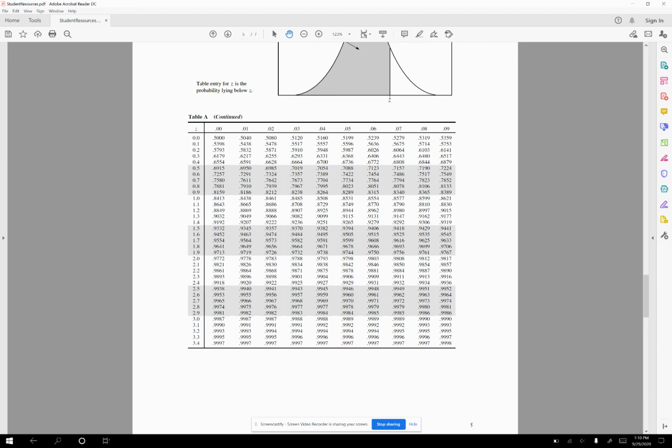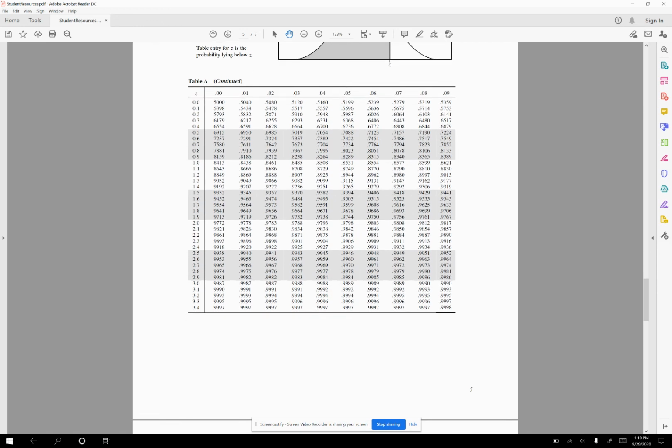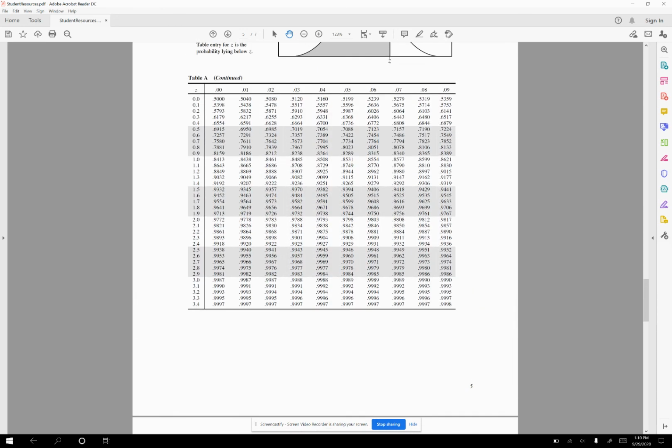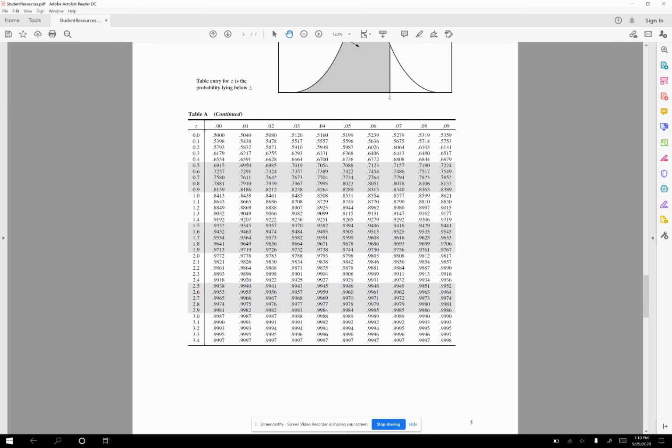And we are going to be looking at, since we're looking for everything to the right, okay, we are looking for 0.85 because this will tell us the area to the left.